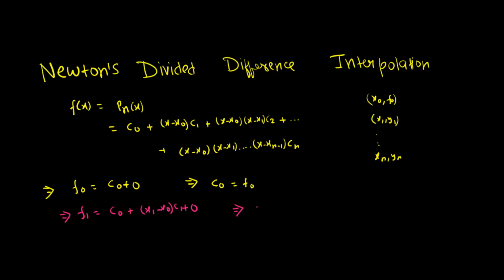This means c1 will be equal to f1 minus c0 upon x1 minus x0, and the value of c0 is nothing but f0, so we can write it as f1 minus f0 upon x1 minus x0, right?